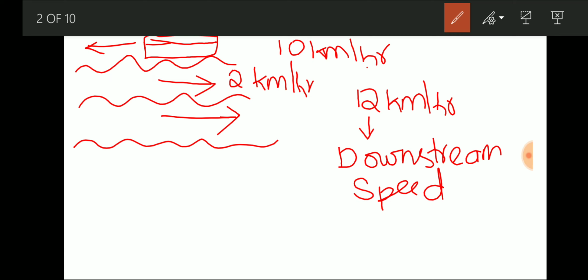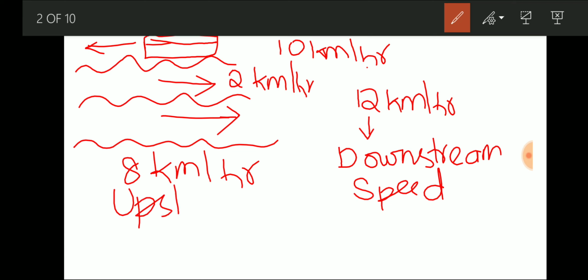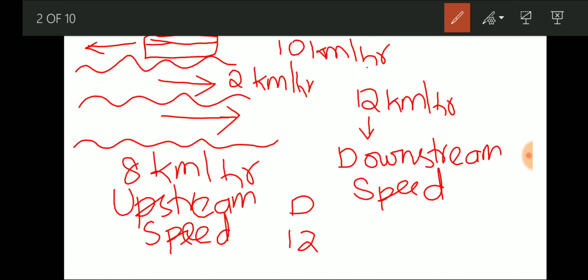Since the boat is going at 10 kilometers per hour and the river's flow is 2 kilometers per hour, and the boat is going against the flow of the river, the speed of the boat is going to be 10 minus 2, which is 8 kilometers per hour. This is termed upstream speed. So we know downstream speed is going to be 12, and we know it's still water.